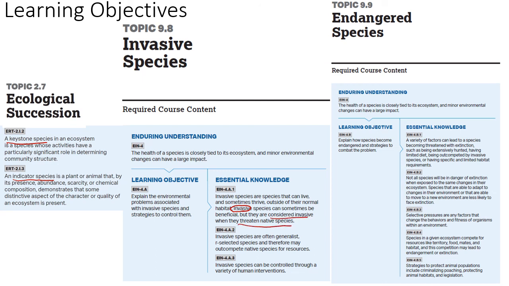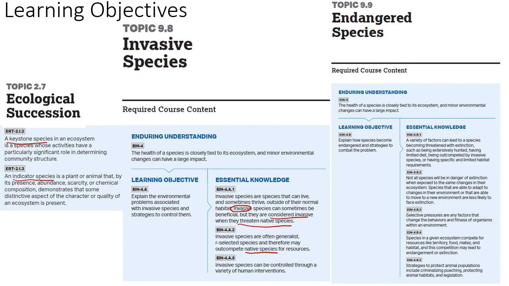Again, they either have to threaten native species, the ecology of the area, human health, or economics. Invasive species are often generalists, are selected species, and therefore may outcompete native species for resources, especially if those native species are specialists. And then invasive species can be controlled through a variety of means.